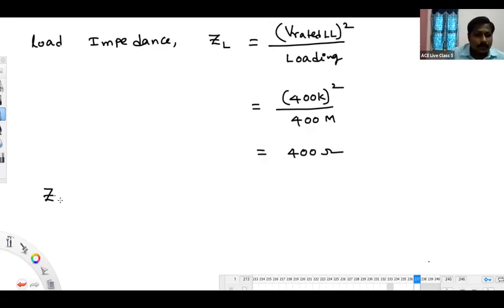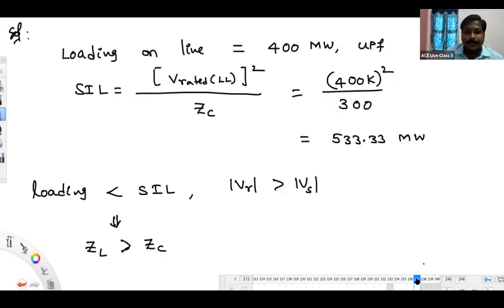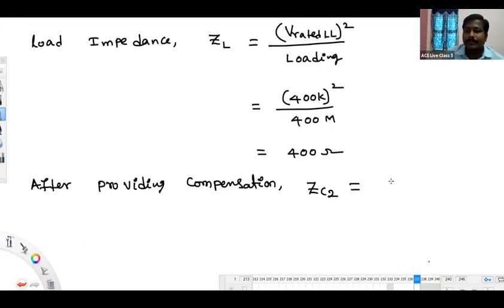So after providing the compensation, the new surge impedance required will be equal to 400 ohms.